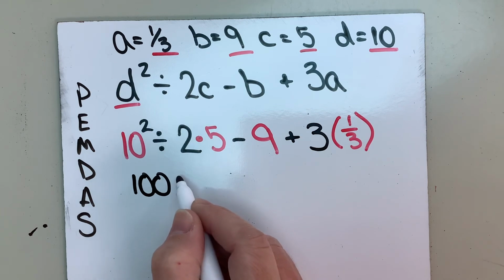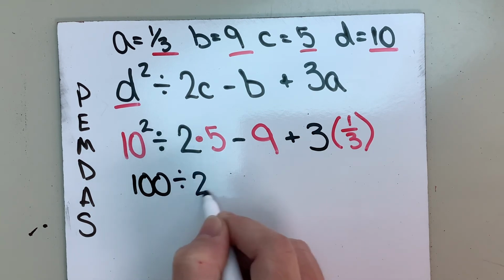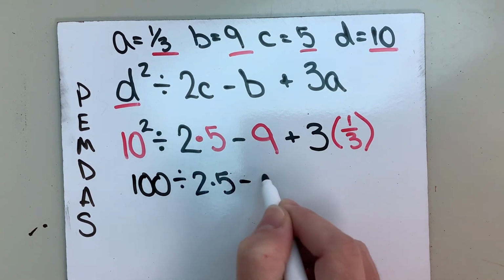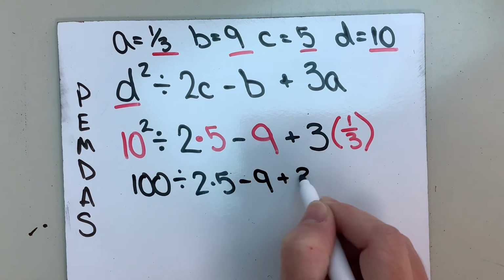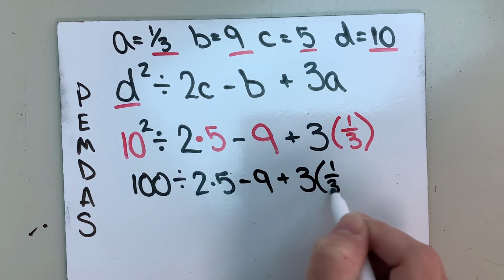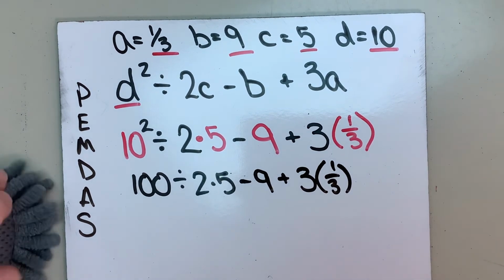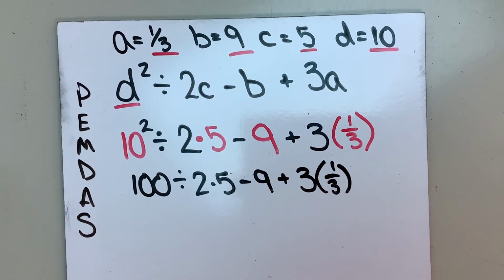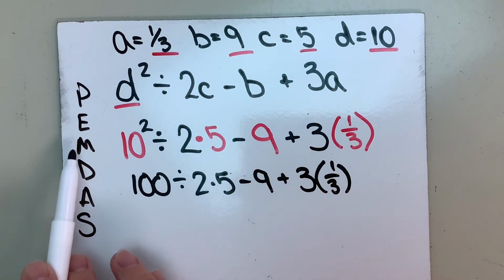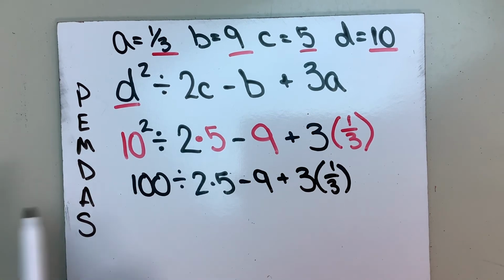All right, and I'm going just to keep everything else for now. I always tell the students to show all their work, because if they do and they make a mistake, I give partial credit. So as long as I can see what they've done, I can go through and grade each line. All right, the next thing then is multiplication and division, but we have to go left to right.